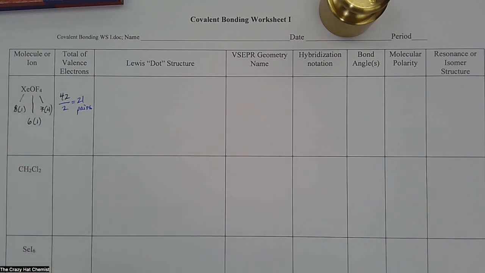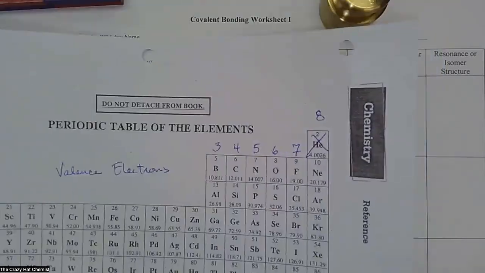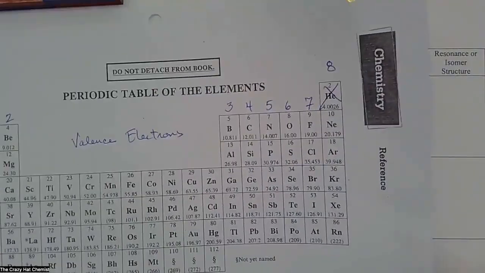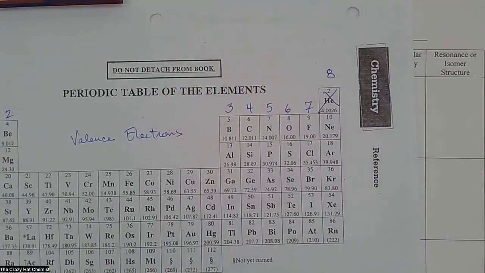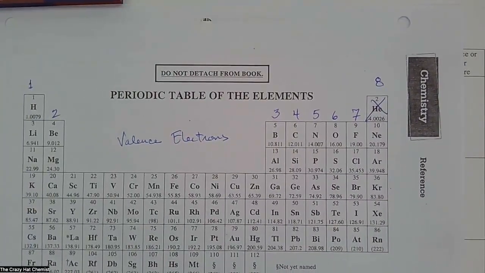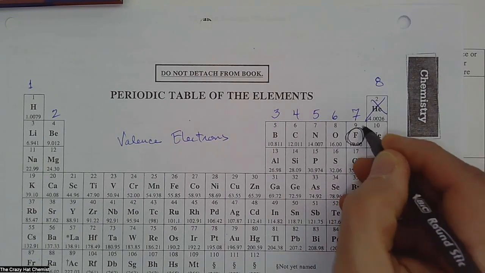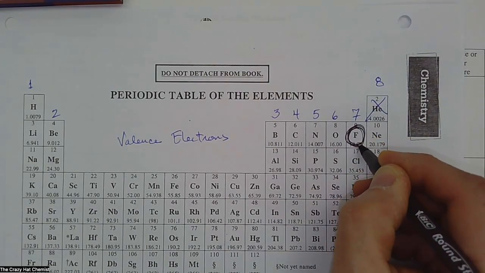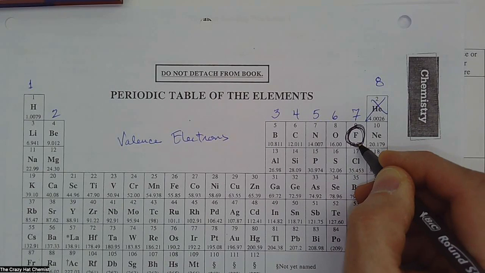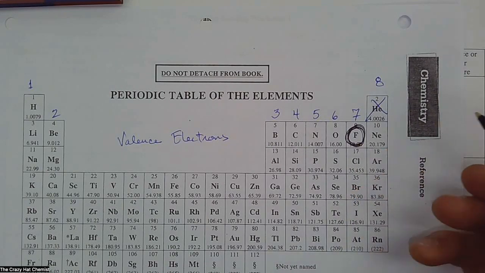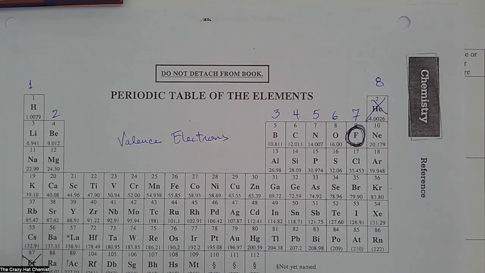So here we go. The least electronegative element is going to go in the middle. So that's what we're looking for, is the least electronegative. So let me go over one more item with you here. We need to find out what is the most electronegative element. The most electronegative element is fluorine. So very rarely, if ever, will fluorine go in the middle. The least electronegative element is francium.